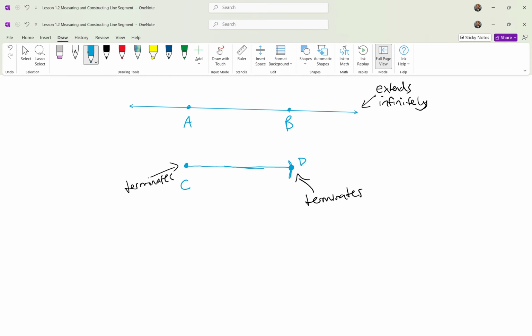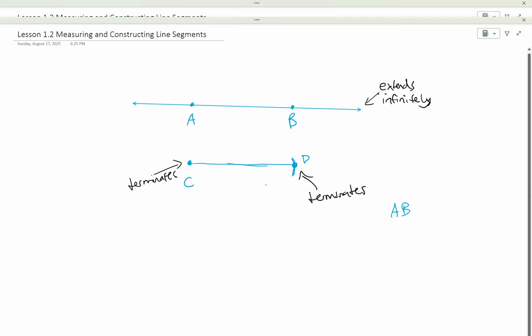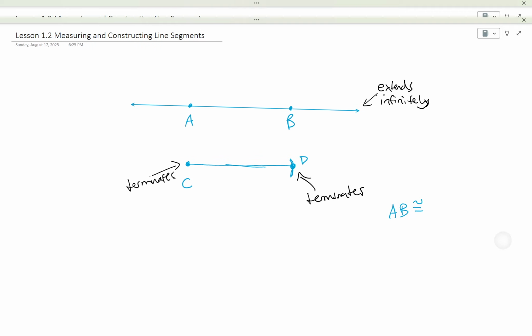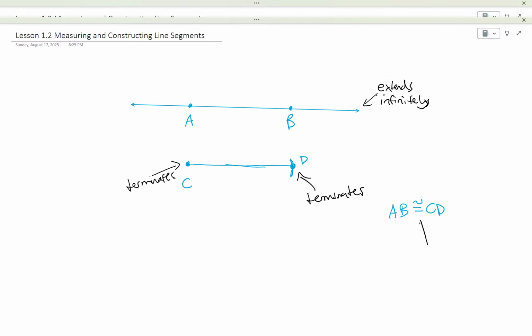All right. And now we have this notion of congruence where we have AB congruent to CD. And this is how we do congruence. It is with this little symbol right here. You guys see that? This little equal sign, and you see that squiggle on top. This means congruent.